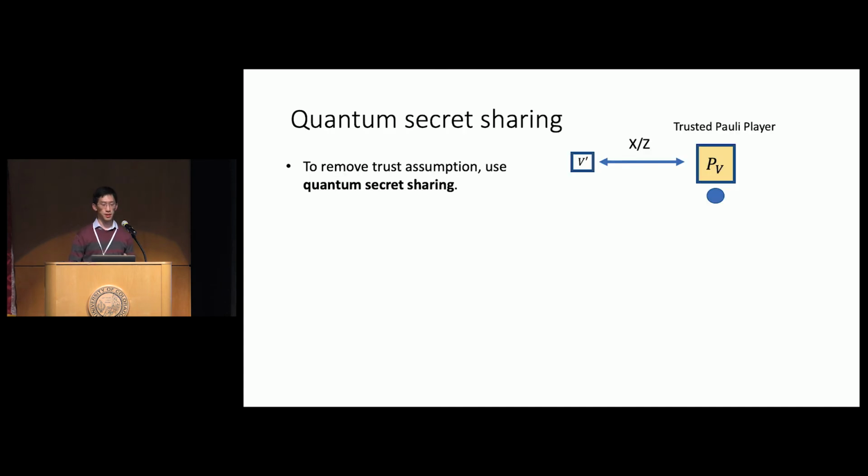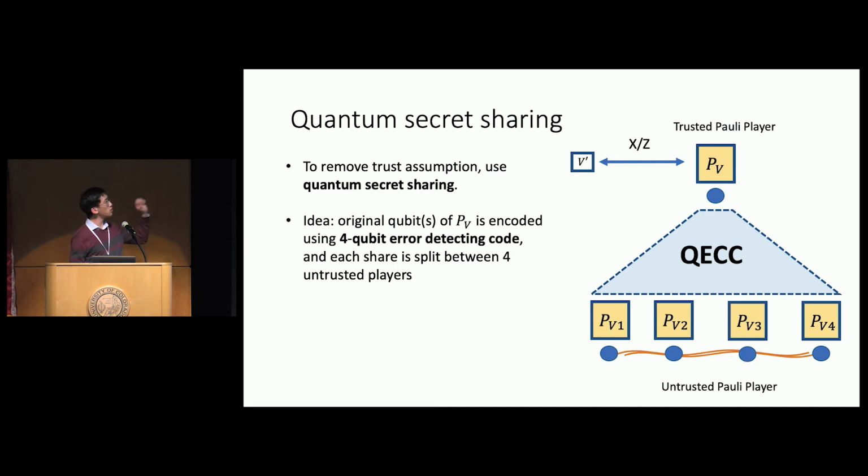So to remove this trust assumption, we use this idea of quantum secret sharing. So this verifier V prime interacts with this trusted poly player, but of course in non-local games, you don't have players that you can trust. To get rid of this assumption, what we do is we encode the original poly player using a 4-qubit error detecting code. So for example, if this original poly player had a qubit here, you encode it using this error detection code, and you split it and share it amongst 4 new players.